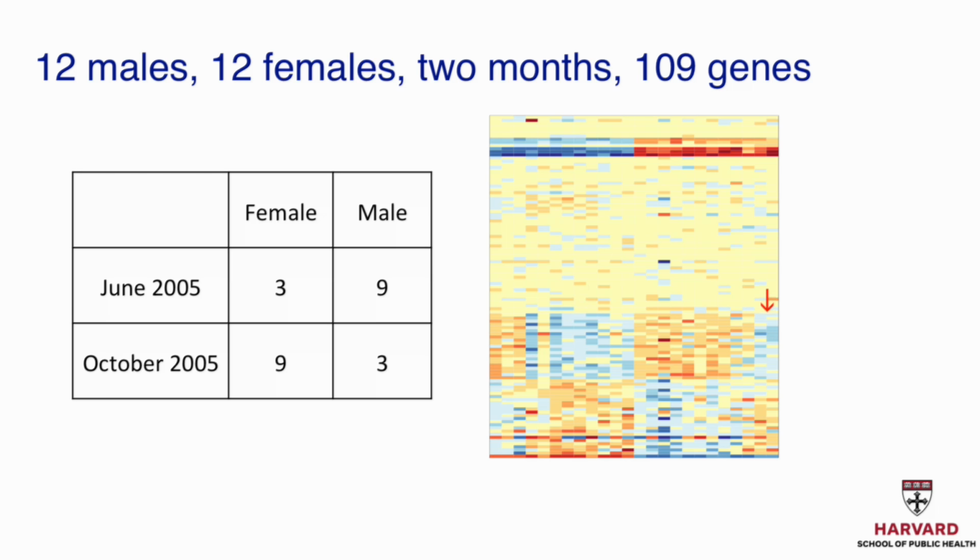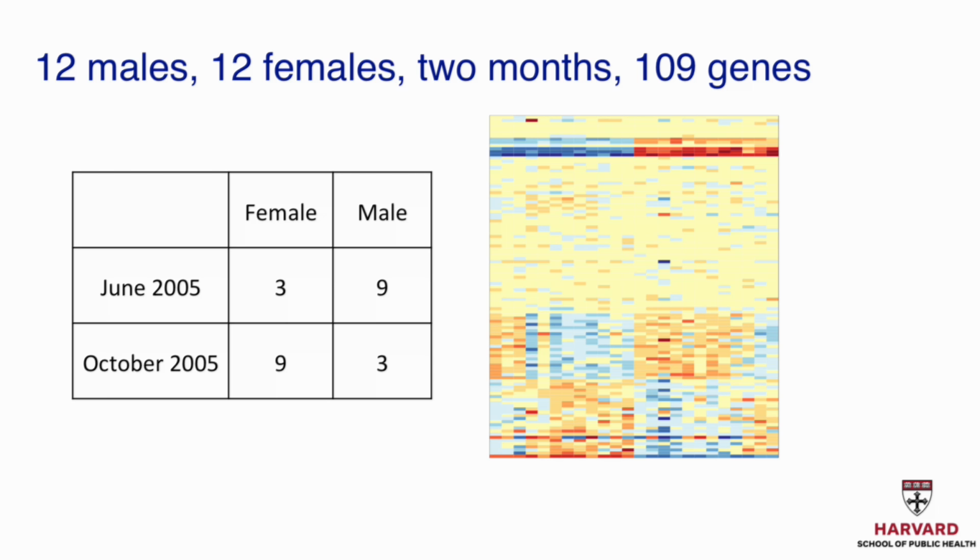In the men, 3 in October and 9 in June. And then we selected some random genes as well. So this is just an illustration. We actually analyzed the entire data set, but for many of the pictures in this module, we're actually showing just these genes.